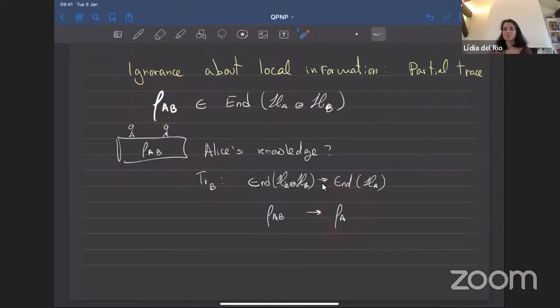Alice's knowledge should be describable as a density operator. You'll prove in the tutorial that it is a density operator, okay? So how do we find this?